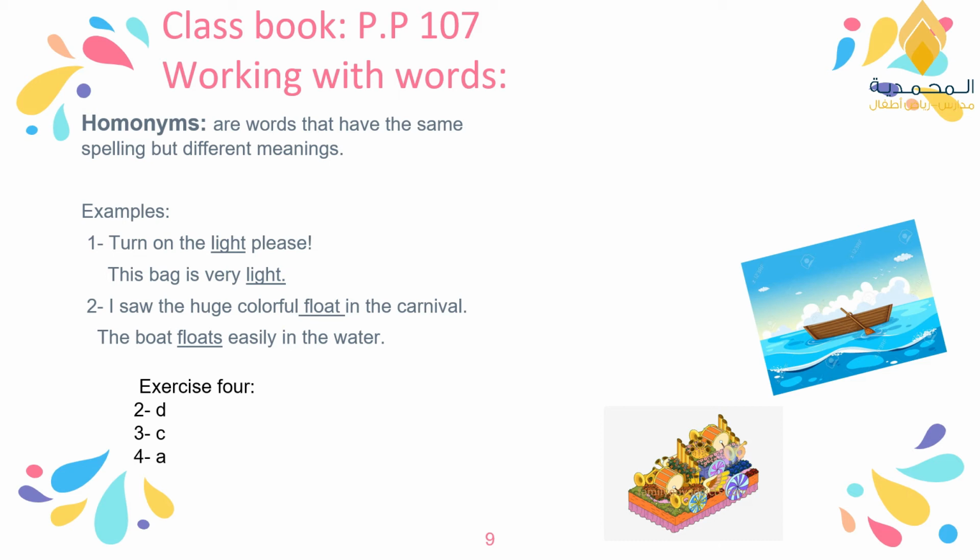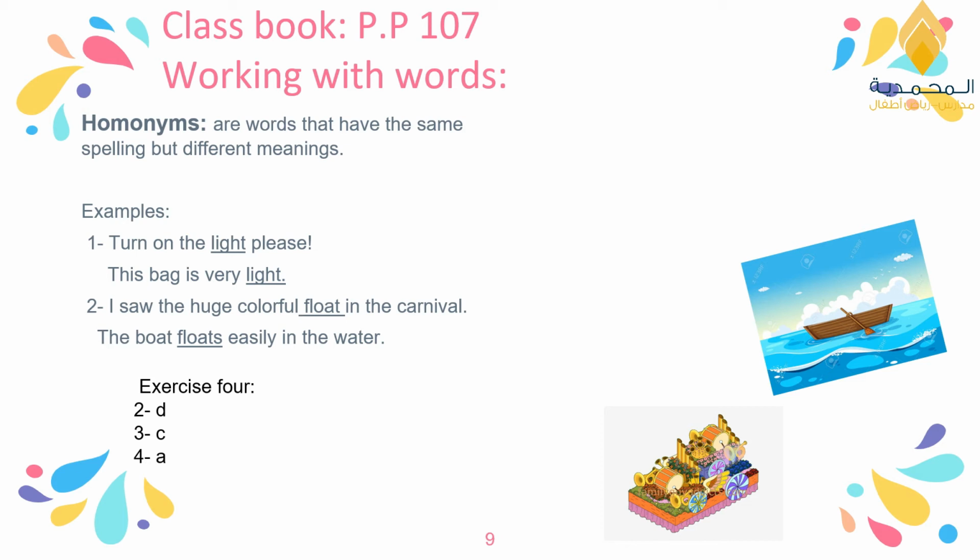It is the source where we get light at the house, an electric source. In the second sentence, can you guess the meaning of light? Excellent! It means that the bag does not weigh a lot. It is not heavy. So, I have two words with two different meanings, but they have the same spelling. Light, light.